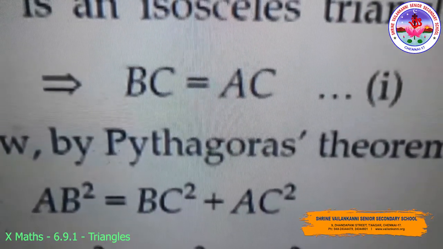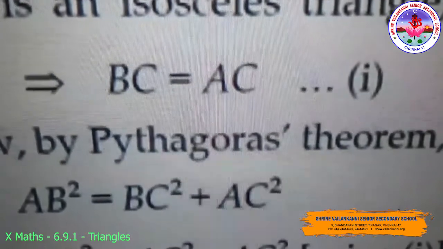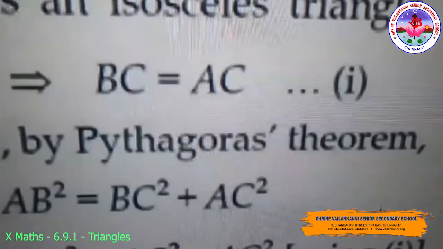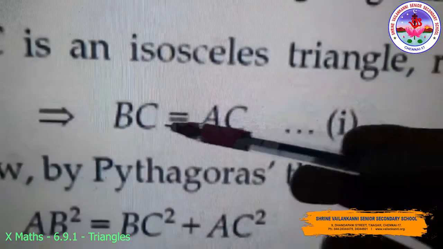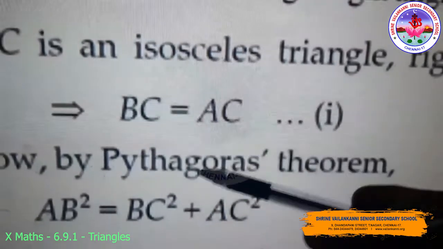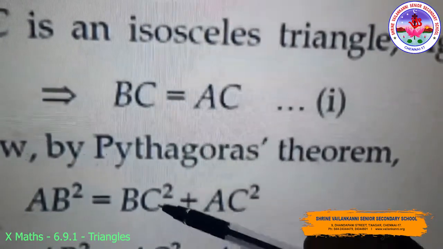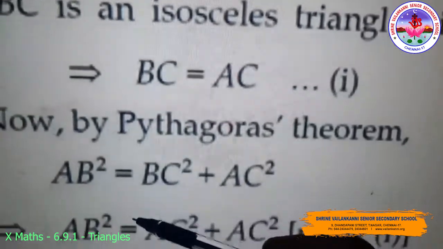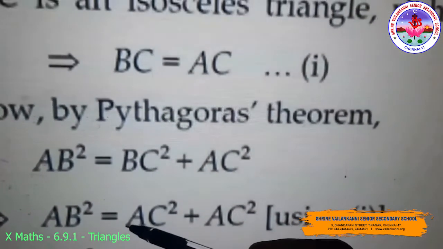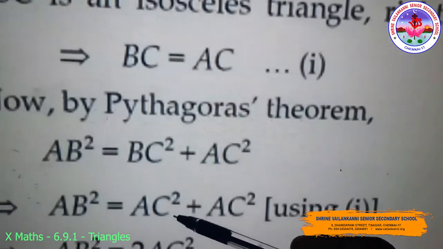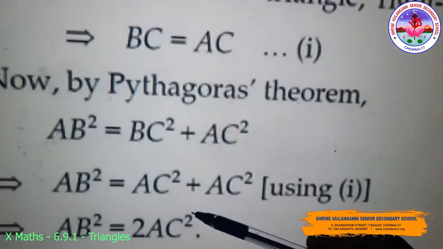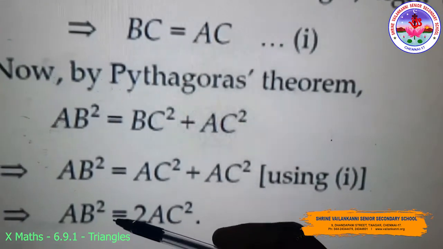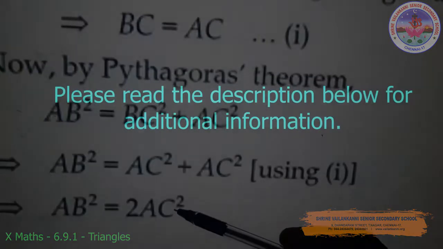Now I am going to substitute equation 1 in equation 2. So that is BC equal to AC. Instead of BC, I am going to substitute AC. I will get AB squared is equal to AC squared plus AC squared. So I will get AB squared is equal to 2AC squared.